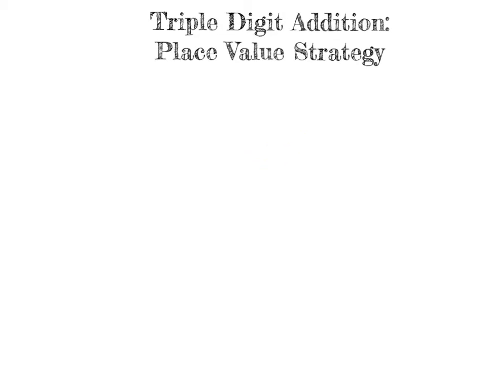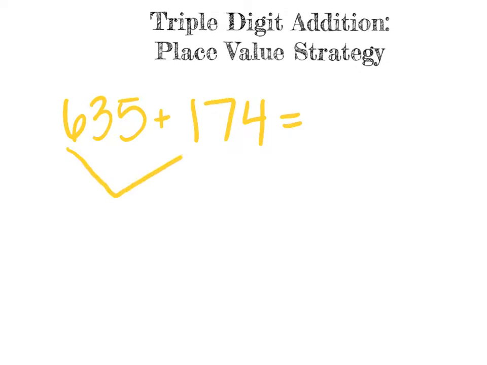So we are going to do 635 plus 174. Okay, so I need to draw my carets. There we go. So I'm going to add my hundreds first. 600 plus 100. That equals 700.